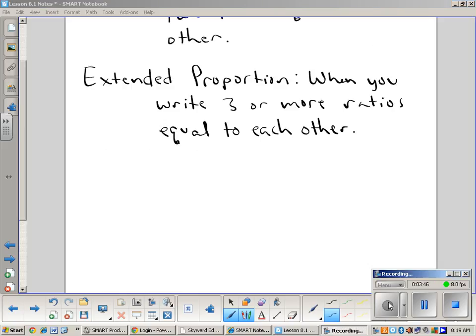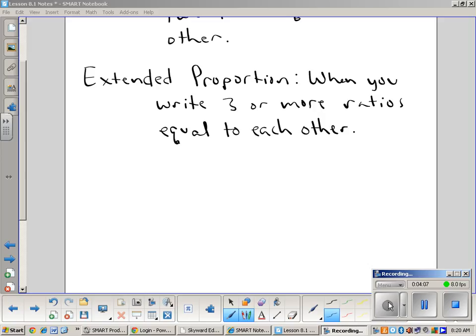Later in the chapter, we're going to compare triangles that are similar to each other, and the sides are going to have a special relationship that deals with proportions. Okay, and extended proportions would be a good example of those sides.